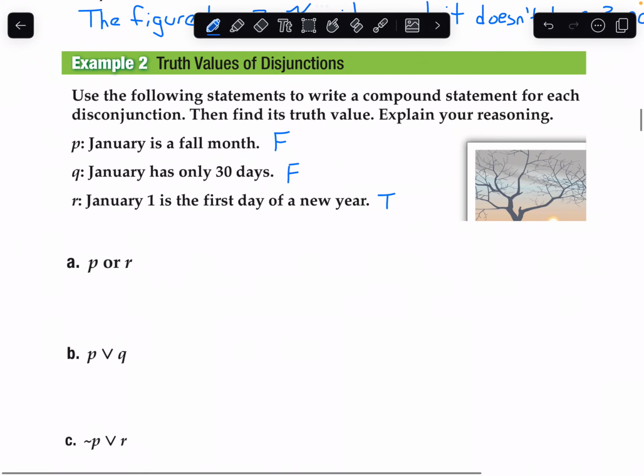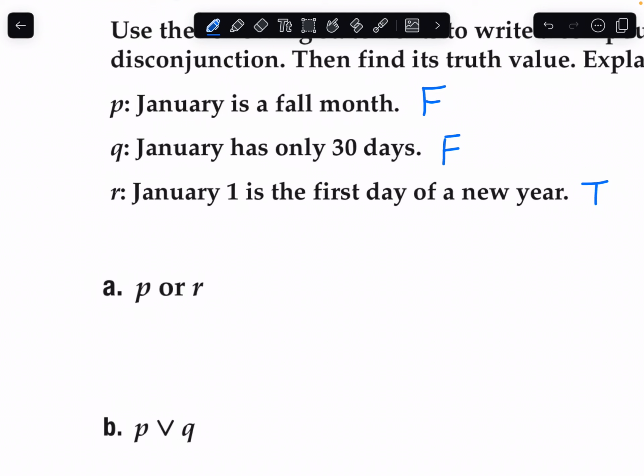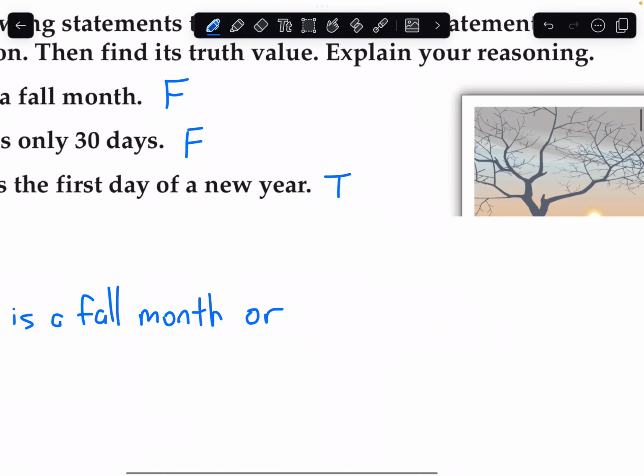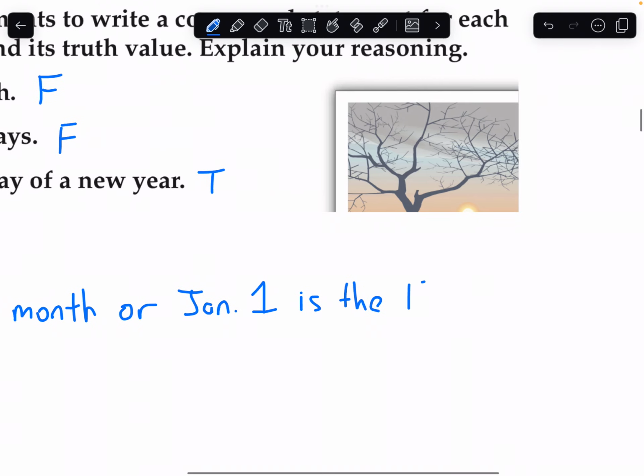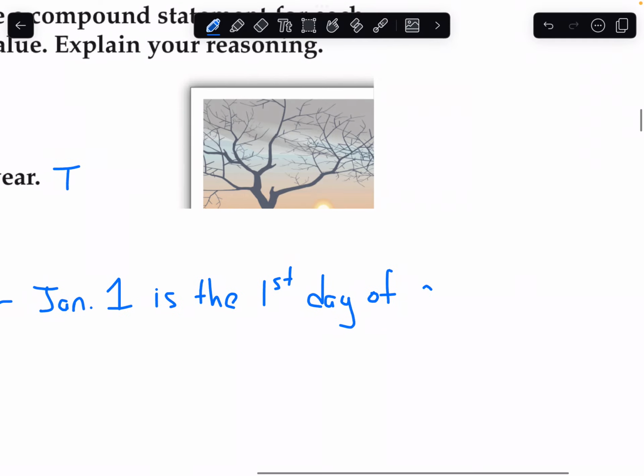So, to write P or R, we would write January is a fall month, or January 1st is the first day of a new year.